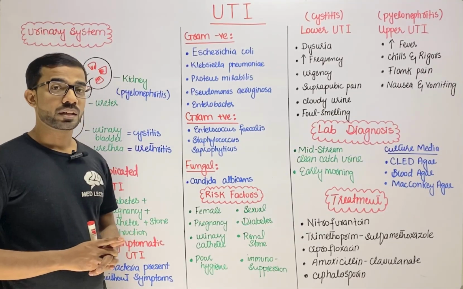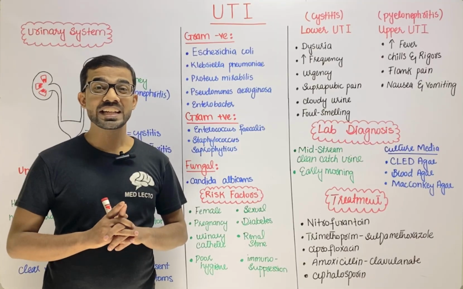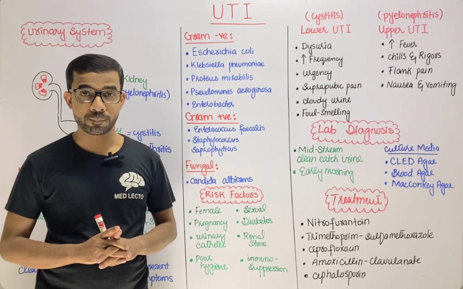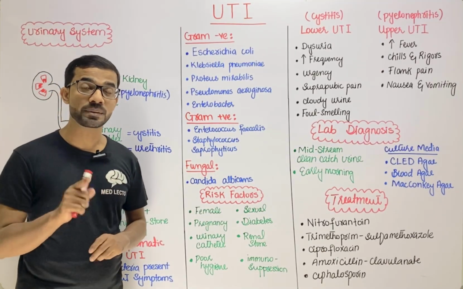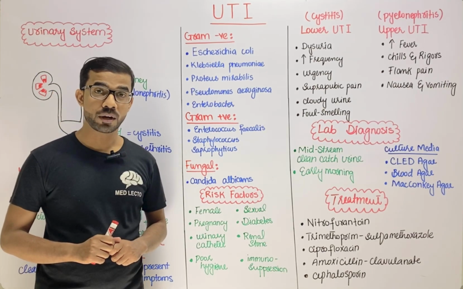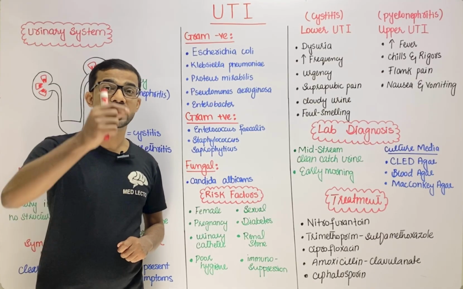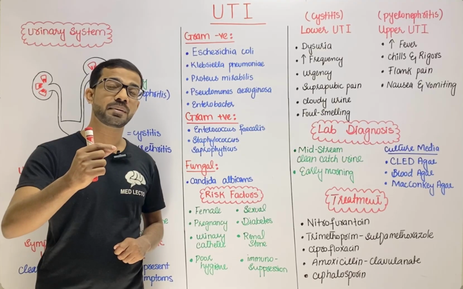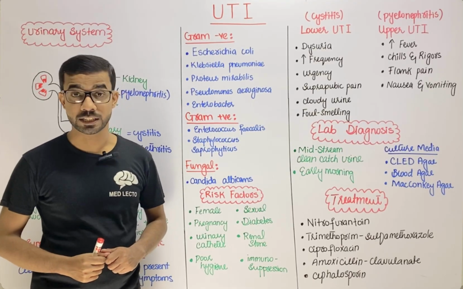Now we will see risk factors, what different conditions increase the risk of UTI in people. First one is being female. Why? Due to the anatomy of the female, because the urethra of the female is short. Bacteria move in ascending order: first it will enter into the urethra, then into the urinary bladder, then into the ureter, and then it can go towards the kidney.